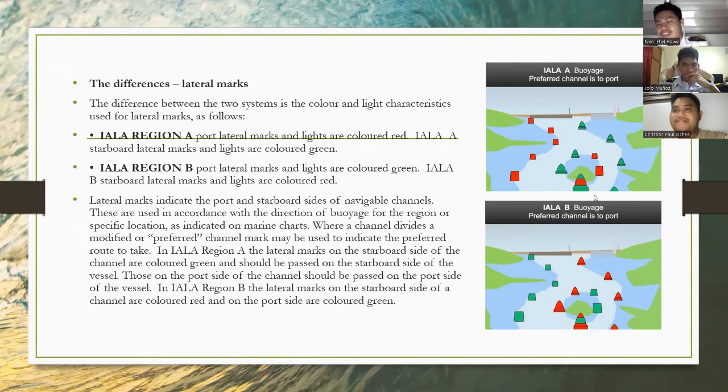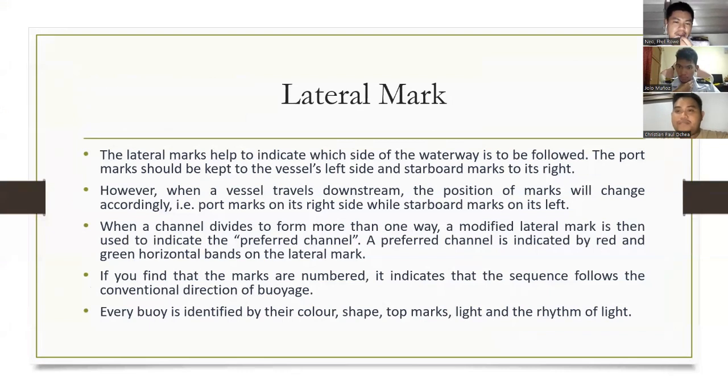Every vessel on the starboard side will only follow the green lateral marks which point out to starboard, while the opposite applies to the port side. For example, vessels coming from the port side will follow the red lateral marks, and the same applies for Region B, vice versa. Next to report is Cadet Ochea on the lateral mark.